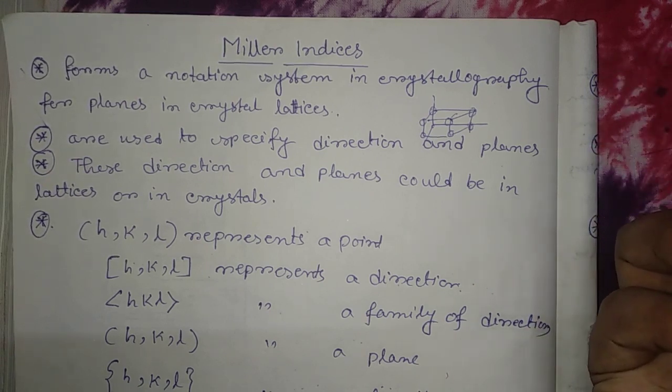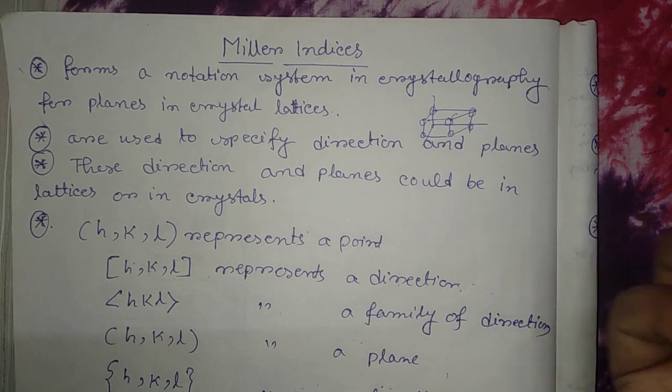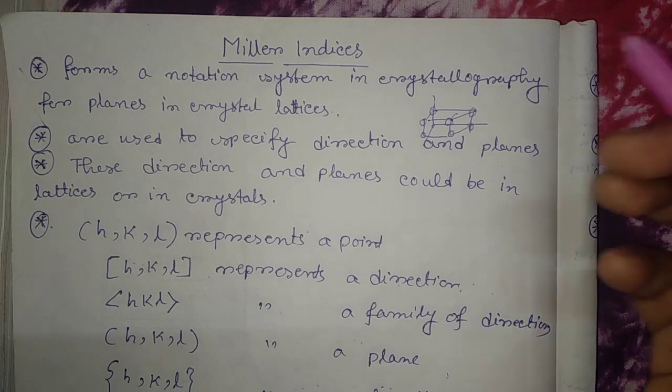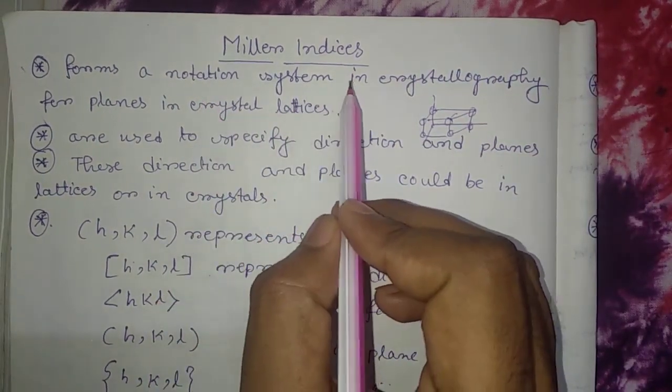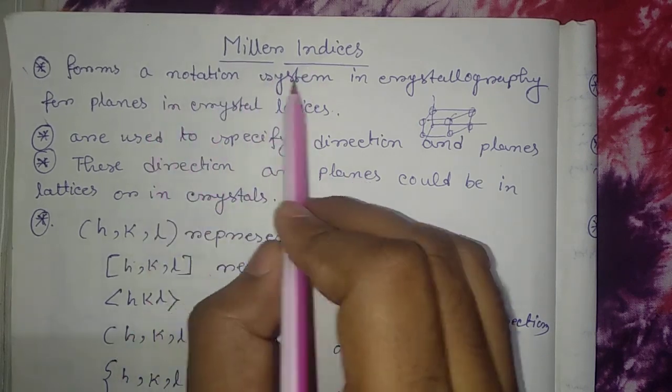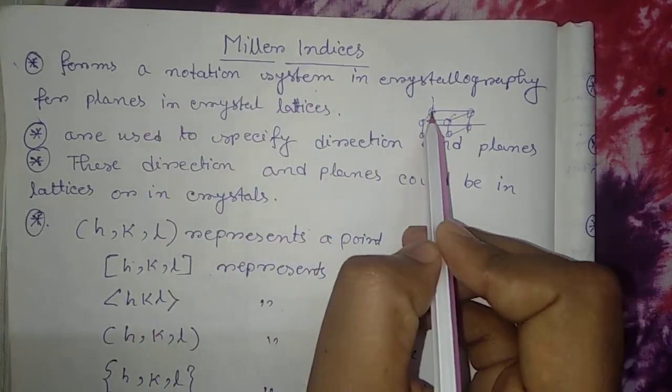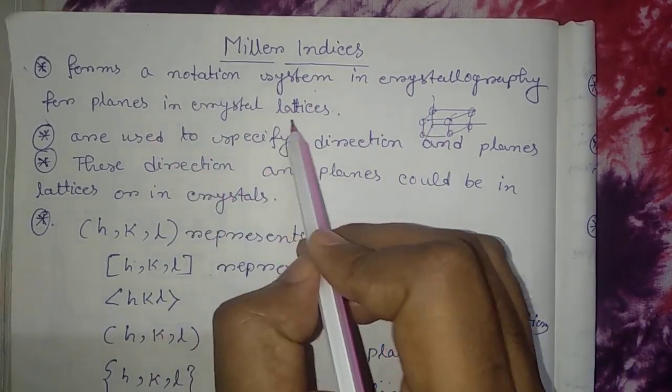That's why it is used, and that's why it is called Miller indices. So in one sentence, Miller indices form a notation system in crystallography for planes in a crystal lattice.